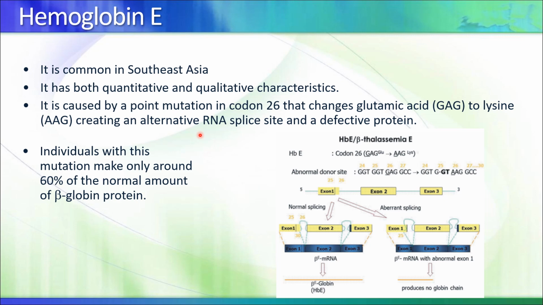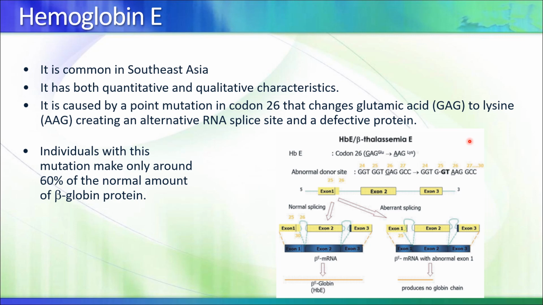Now, there are two consequences of having this mutation. The first one is genetic. That would create an alternative RNA splice site, leading to the production of a defective protein.